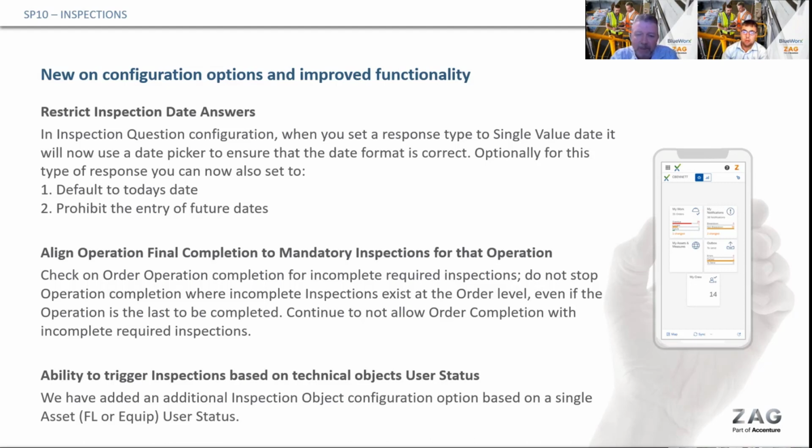And lastly on this page is the ability to trigger inspections based upon the user status. So in the configuration for the administrators, you can now set it up so that depending on the equipment or function location user status, you can trigger the inspection. Yeah, this one got brought up by a number of customers who have different inspections as to whether an asset is in service or out of service, or installed or not installed.